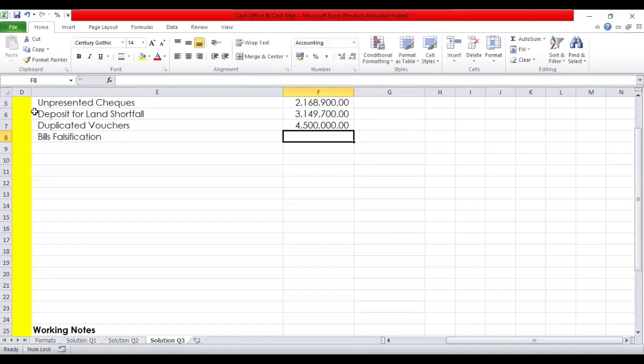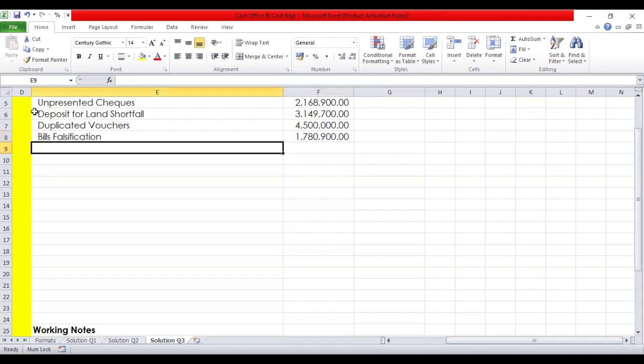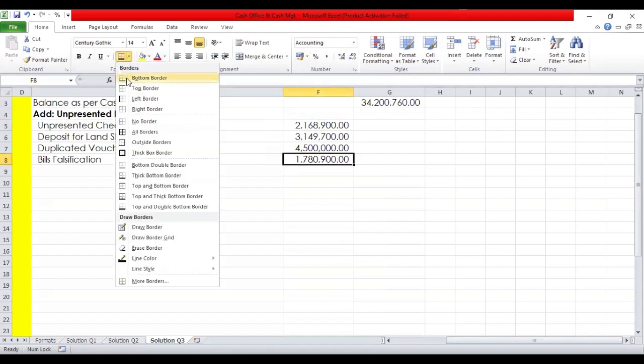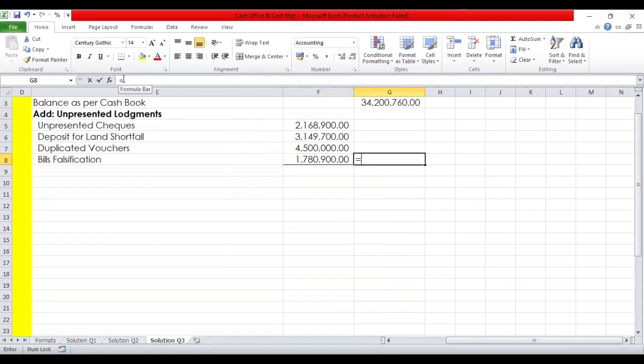How much? 1,780,900. Any other one? I think that's all. Simply means how much is the total money here? 11.59 million in this part.